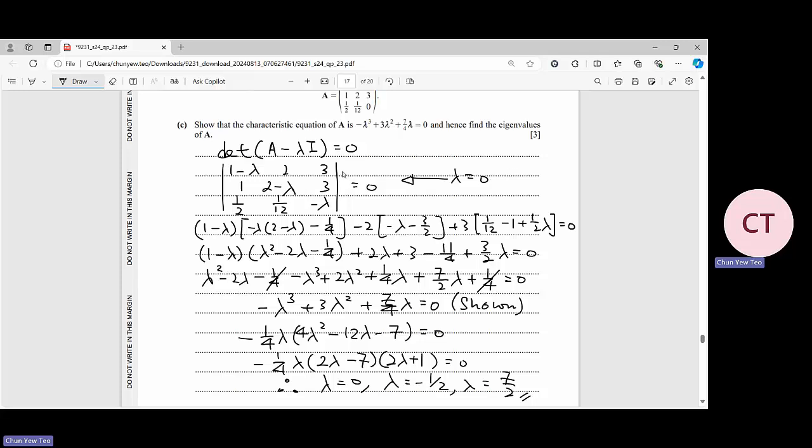We will have these rows 1, 2, 3 and 1, 2, 3, and we will take two of them to find the cross product so that we can find the eigenvector.